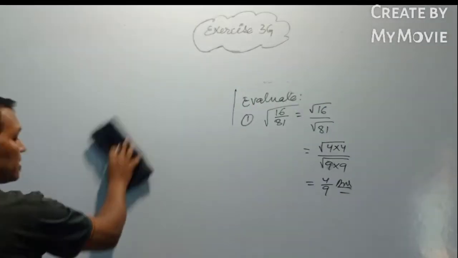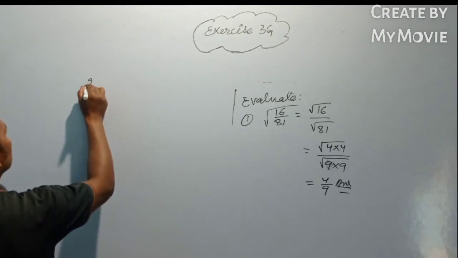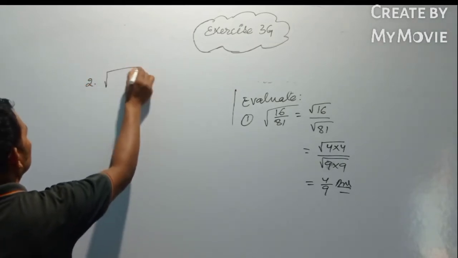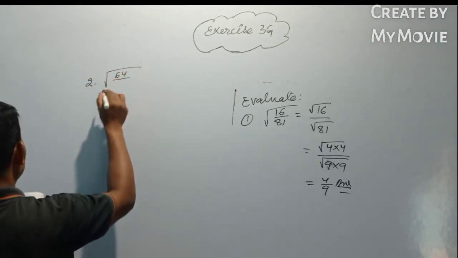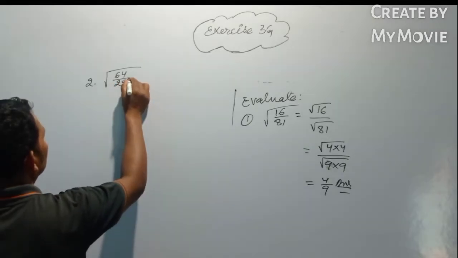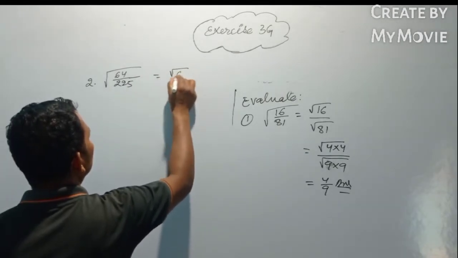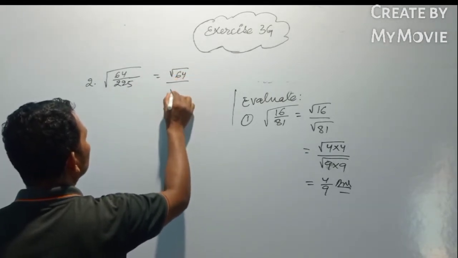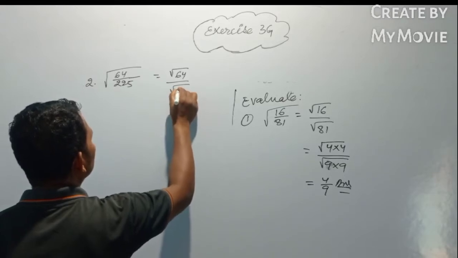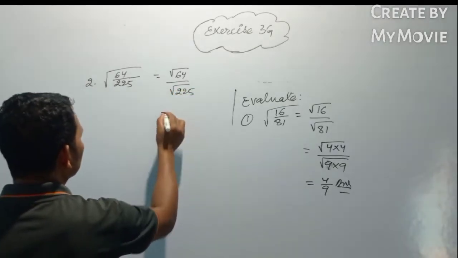Now let us take the second question. Second question is square root of 64 upon 225. So this will be equal to square root of 64 upon square root of 225.